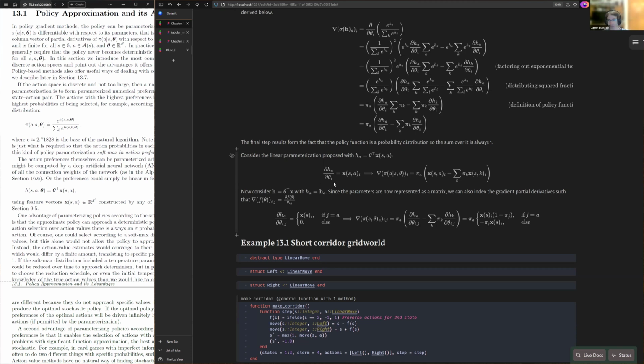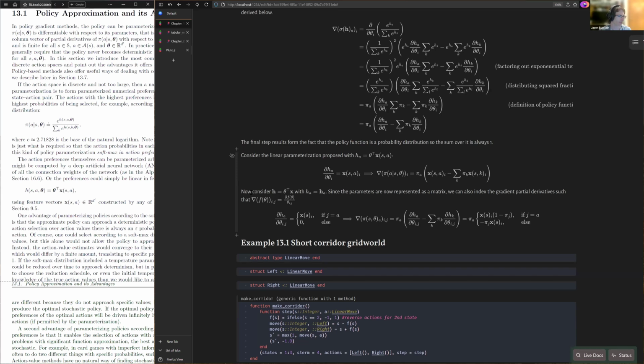The component depends on the index of theta in the denominator, which is which component of theta we're taking the partial derivative with. And we saw this before with linear approximation: in the linear case, the only derivative you have to worry about simplifies to just knowing what the feature vectors are.